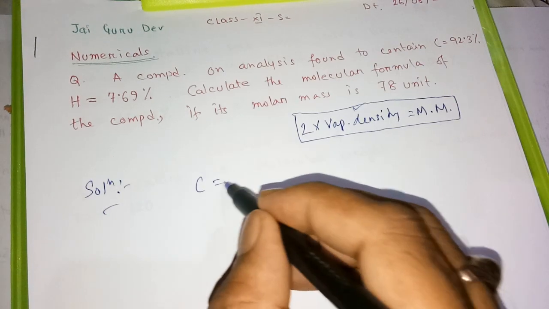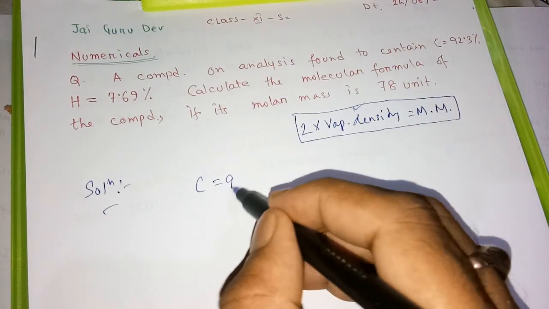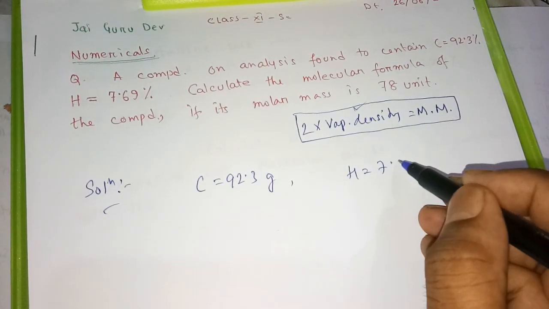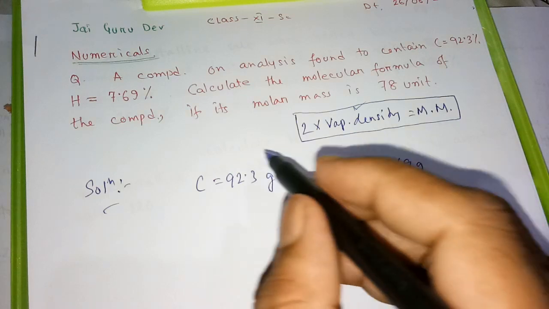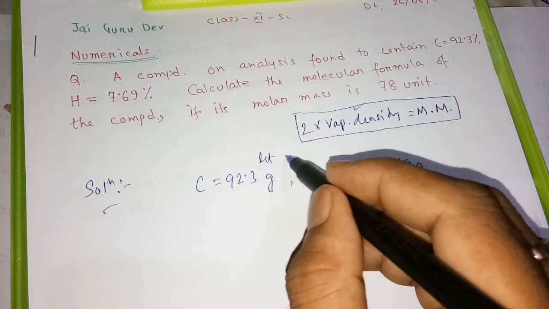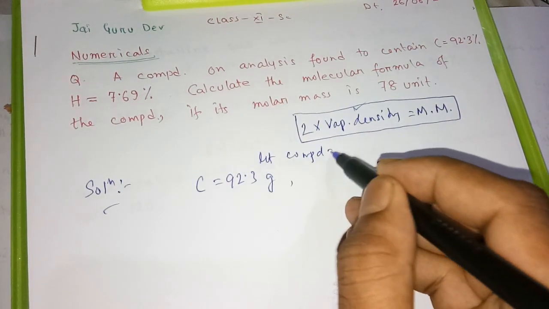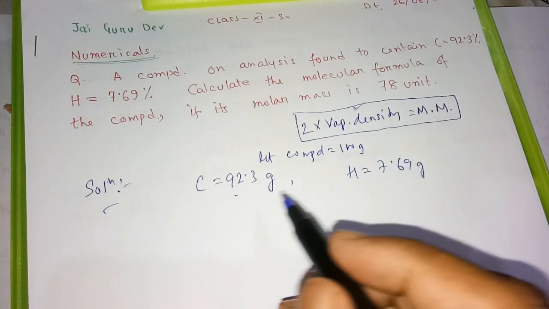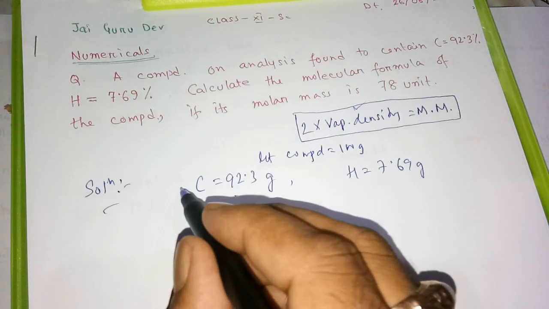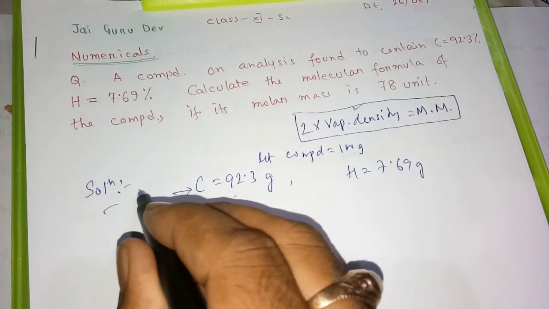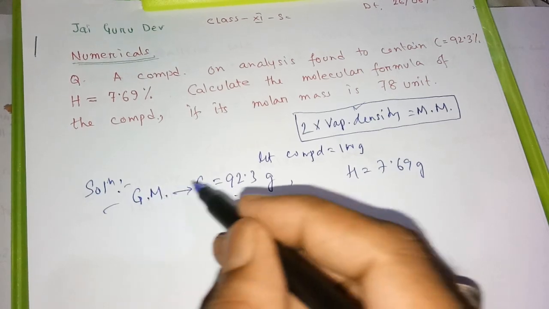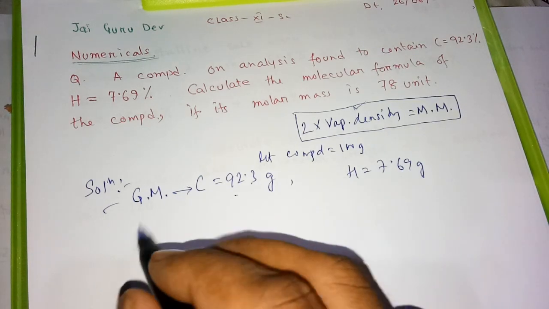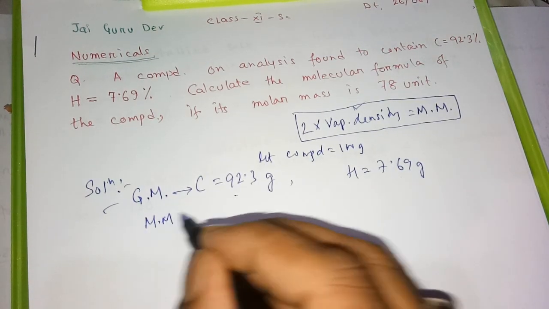Here we have been given carbon 92.3 gram, hydrogen 7.69 gram. Actually to start, let us assume the compound is 100 grams, so this much is carbon, this much is hydrogen. I am writing in short, GM means given mass: the given mass of carbon is 92.3 gram, given mass of hydrogen this much, and MM stands for molar mass.